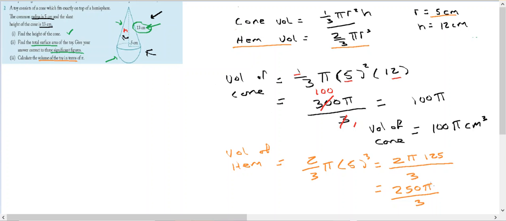So 2 by 125 gives you 250, and then you're multiplying that by pi, and that's all over 3. This 3 is coming from here. So then if we divide the 3 into this, the 3 will go into 250. Let's check how many times that'll go in.